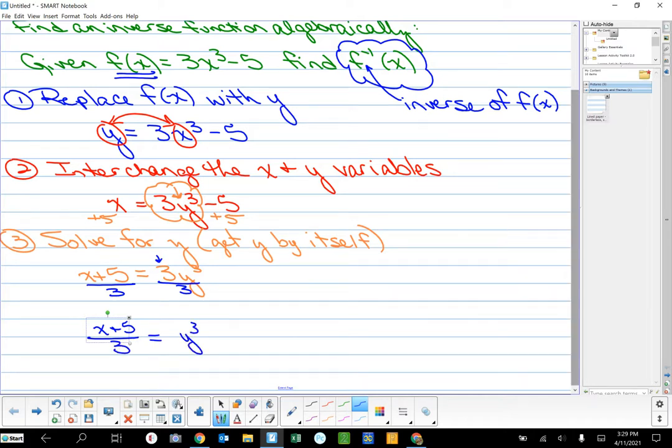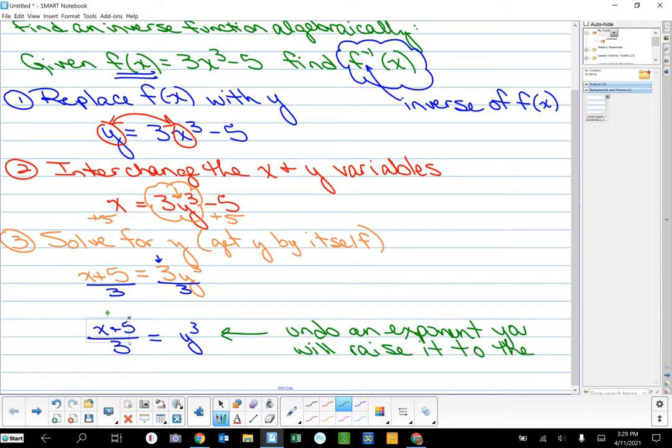And now, in order to get literally the y by itself, I need to solve for y. Not y cubed, solve for y. You're going to remember to undo an exponent. You will root it to that index.